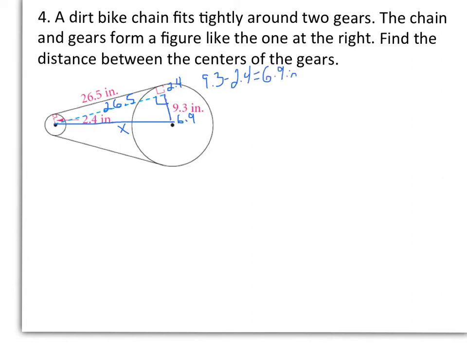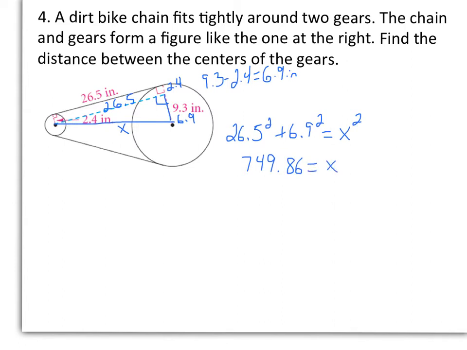Okay, so I want to solve for x. Well, if I know 2 of my 3 sides in a right triangle, we'll use the Pythagorean theorem to find x. So 26.5 squared plus 6.9 squared equals x squared. Now if I square these and add that together, that's 749.86.